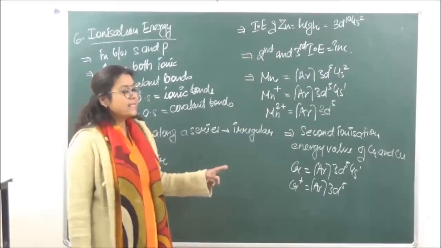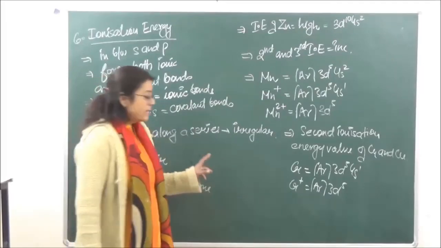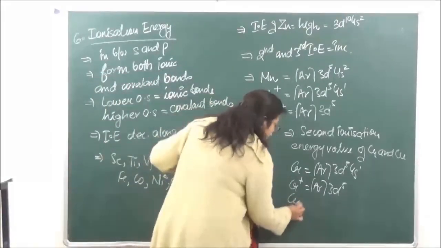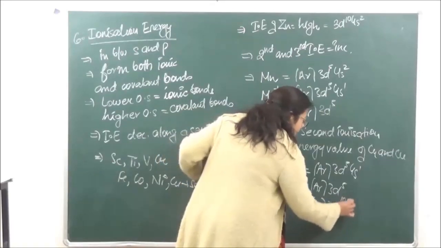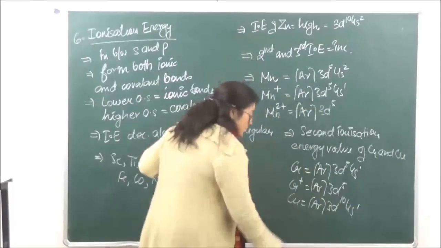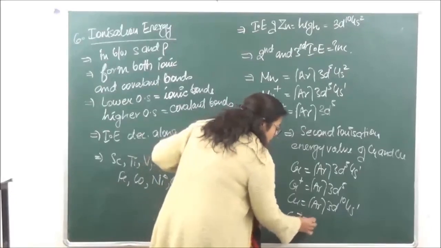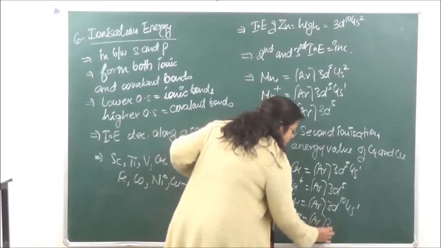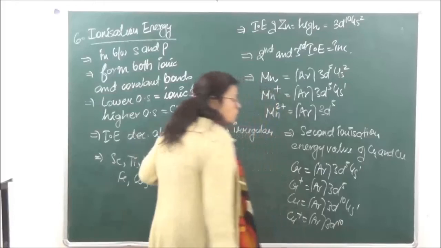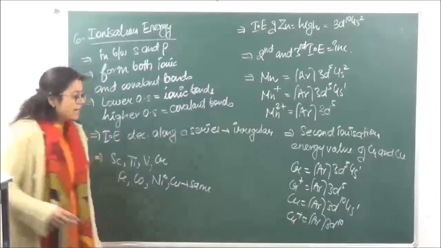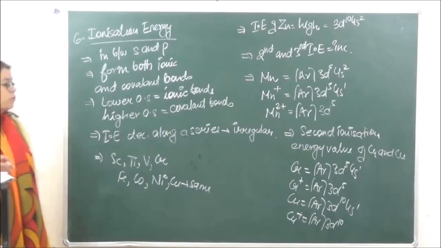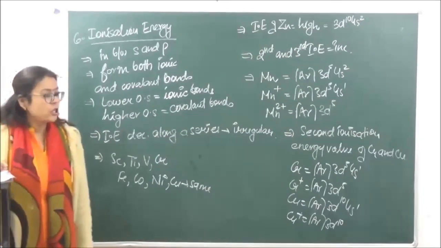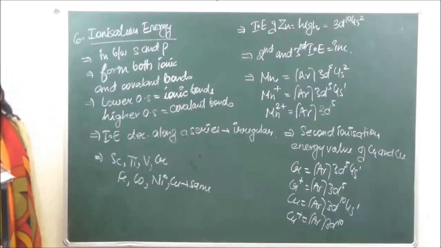Therefore, the second ionization energy is going to be very high. Same is the case with copper. Copper has argon 3d10 4s1. So Cu positive has argon 3d10. The ionization energy now is going to be very high because the next electron has to be removed from a fully filled electronic configuration of 3d10.